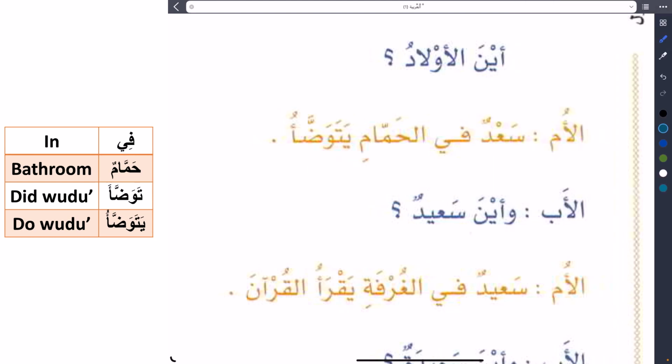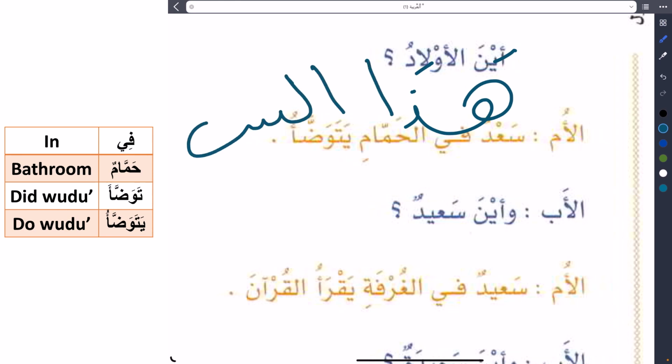And for example, if you look in the Quran, you say فَلْيَعْبُدُوا رَبَّ هَذَا الْبَيْتِ. Let's write it. هذا, then البيت. What we see here? We see هذا ends with alif, stretching alif.